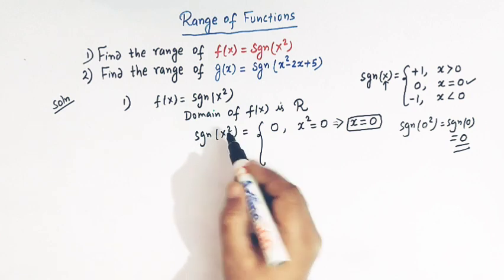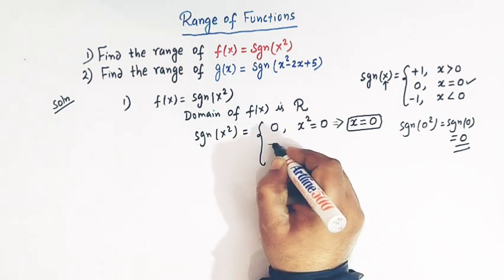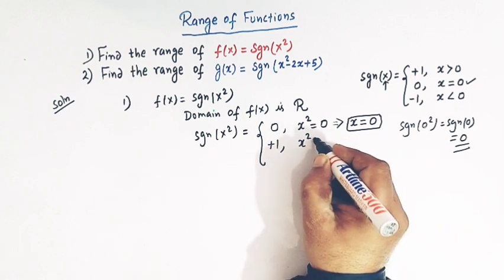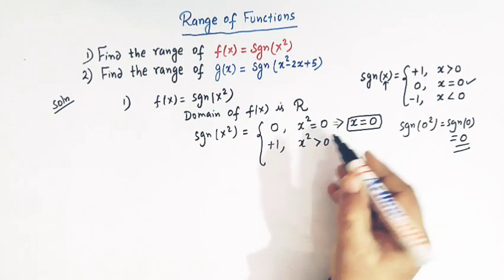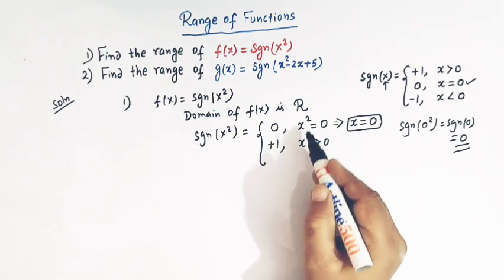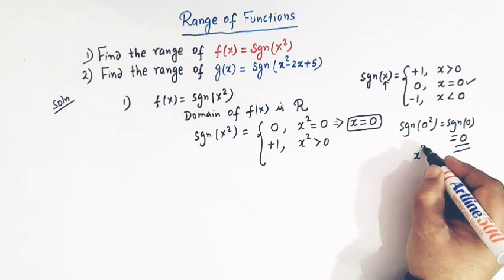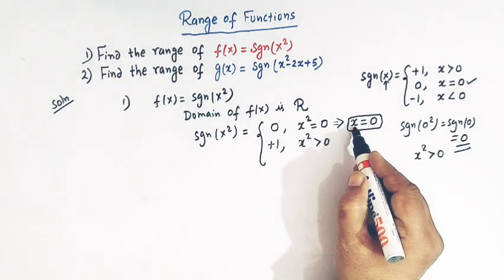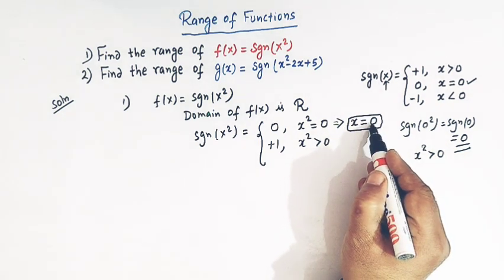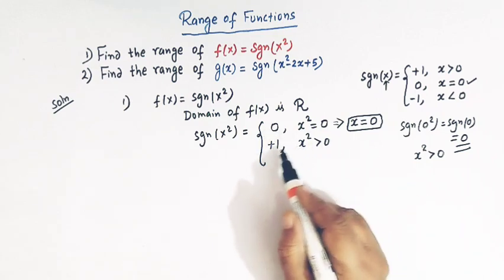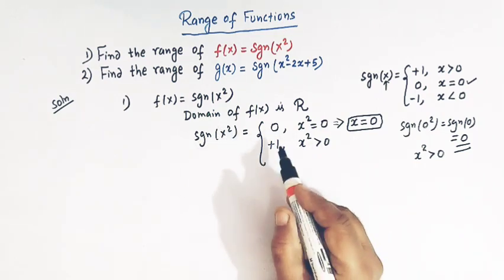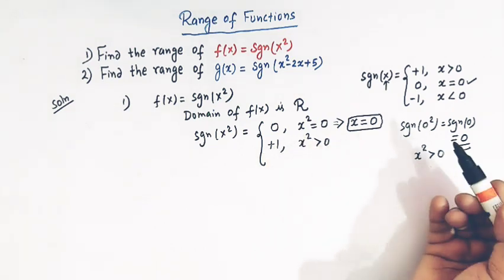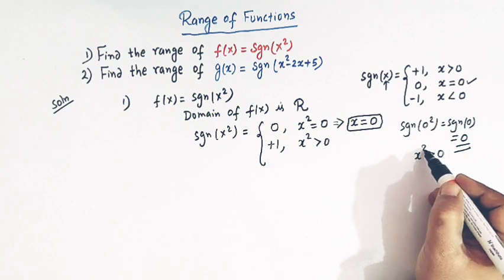And signum of x square takes the value positive 1 whenever x square is greater than 0. That is because when x is any nonzero real number, then x square is always greater than 0, because we have already taken the case x equal to 0. This is obvious because this is a square term. So whenever x square is not equal to 0, signum of x square takes the value plus 1.